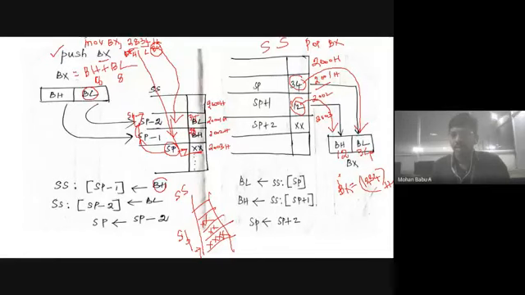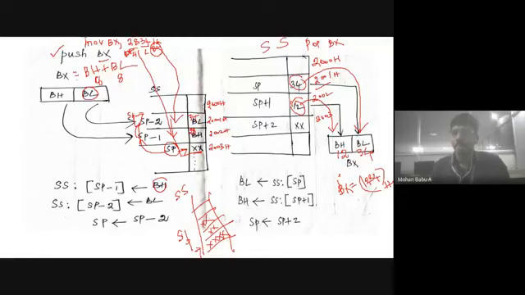The stack pointer is pointed here, so this data will be moved to the BL register. In SS, SP+1 is this address. If you add 1 to 2001, you move to the 2002 location. That's why SP+1: the data present at address SP+1 is moved to the BH register.